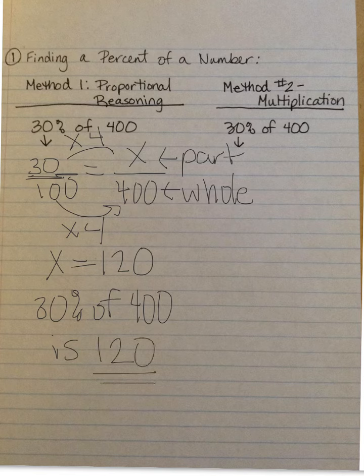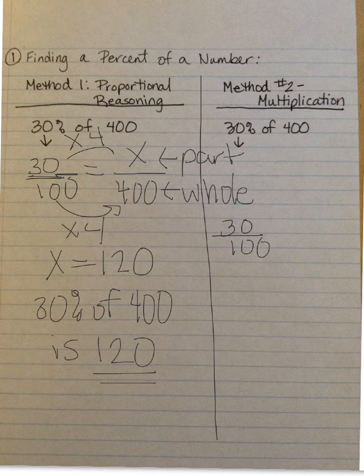The second way, and I'm going to just draw a line through this a little bit, is multiplication. If I turn 30% again into a fraction, 30 over 100, of means multiplication, usually in math, so I change the of to multiplication, and then 400, which I think of as 400 over 1 if I want to put it in fraction form.